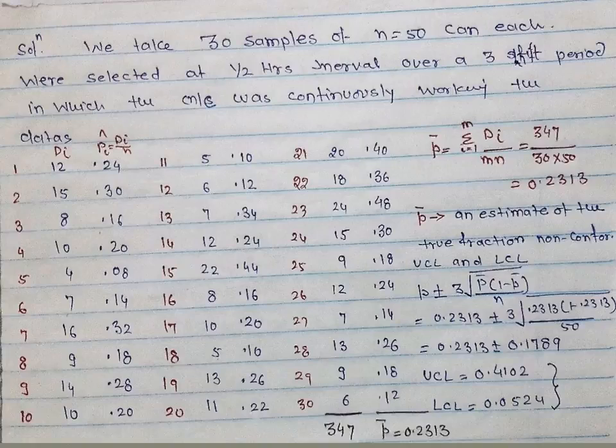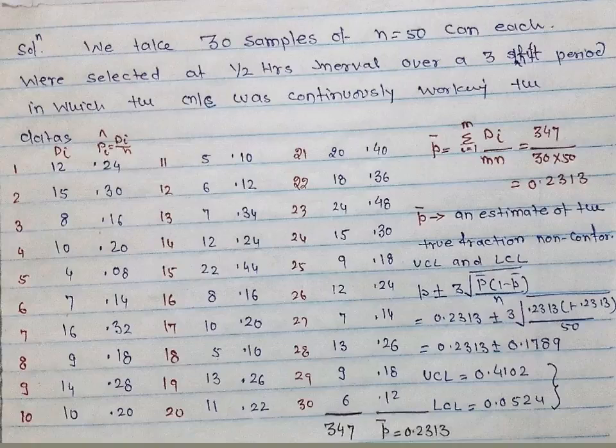With the help of this we calculate P bar, and the value of P bar is 0.2313. So P bar is an estimate of the true fraction non-conforming. P bar is the average value of the fraction defective over all 30 samples.